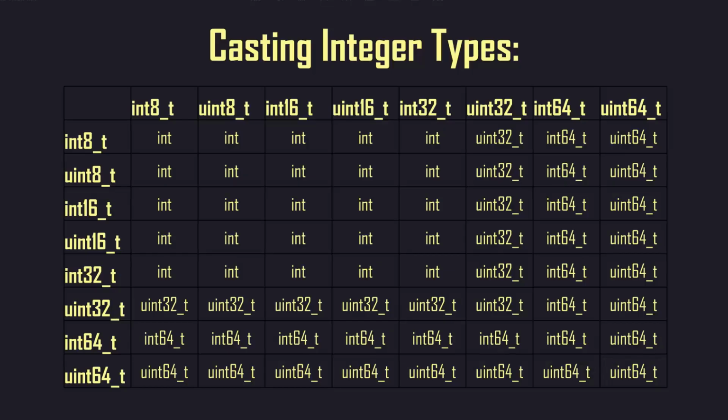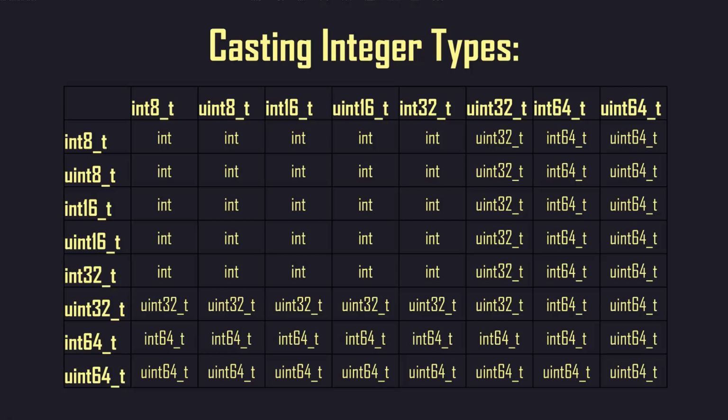Perfect. So I actually created a table for you with all the integer casting rules, and from this table you can see that when I use two small integers in a mathematical operation, the result will always be an integer. But when we are using bigger data types, the results are more interesting. When I add, multiply, divide, or subtract two integers with different sizes, C++ will cast both to the bigger size.